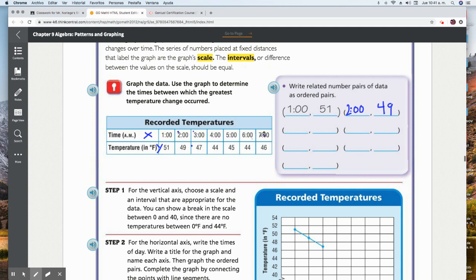At 3 o'clock in the morning, our temperature was 47 degrees. Same thing for the next hour, 4 o'clock. The temperature at 4 o'clock in the morning was 44.